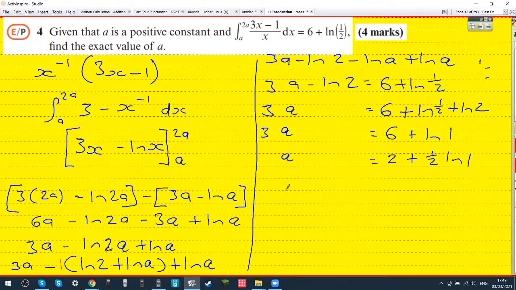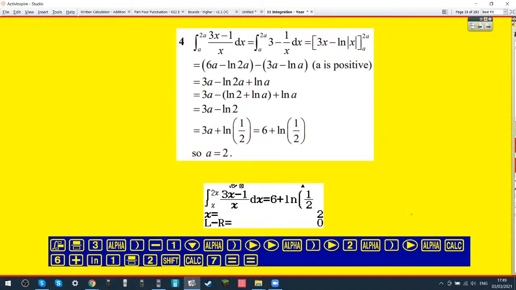And so what is a? 2. Equals 2. So ln 0, ln 1, they have special values. So we get 2. There we go. Oh wow, the calculator even gave 2 for that one.